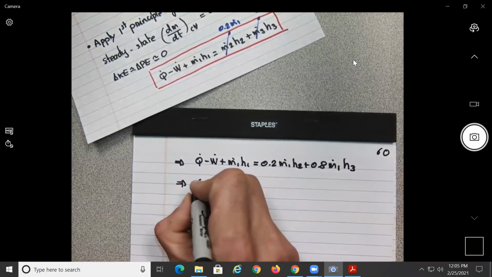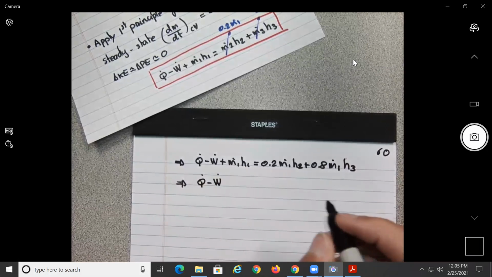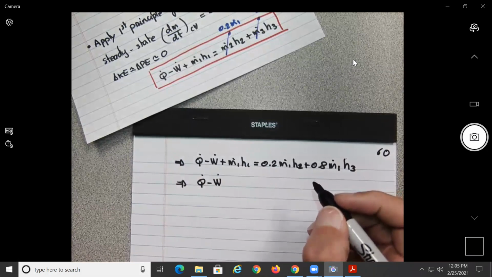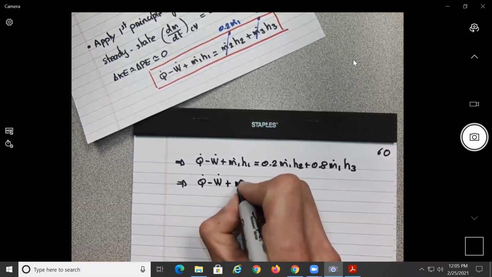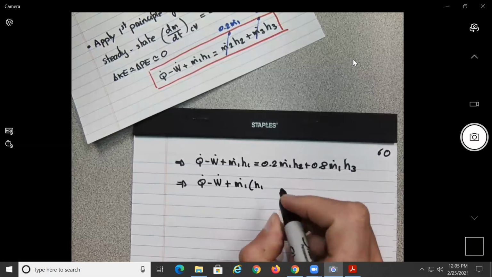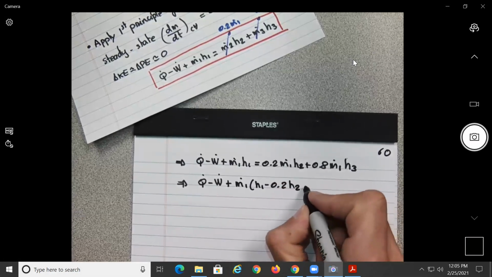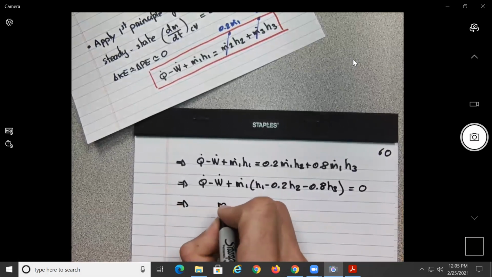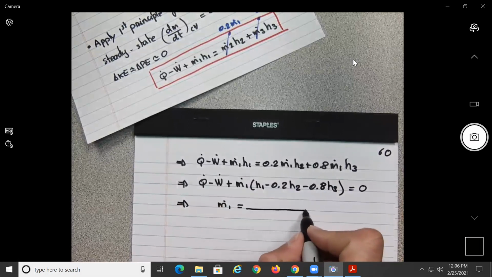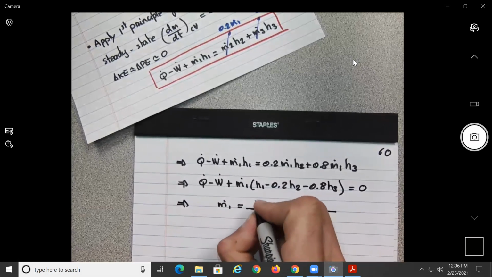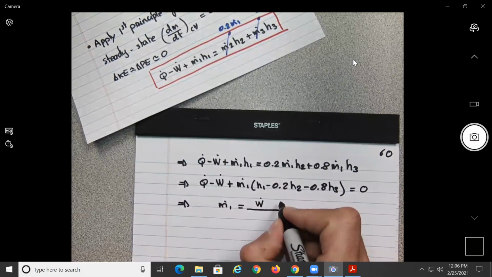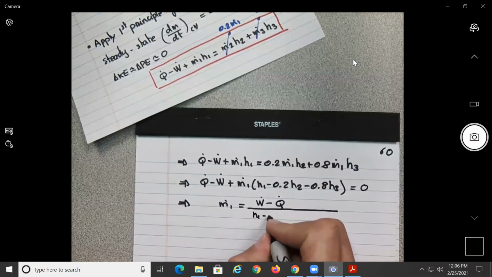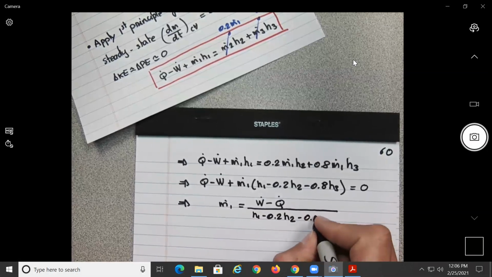So what do we have? Q minus power plus m dot 1 times (h1 minus 0.2 h2 minus 0.8 h3) equal to 0, or at the end we're going to have that m dot 1, which is what we need to find, will be equal to power minus heat, I'm changing the sign because I'm moving it to the other side, over h1 minus 0.2 h2 minus 0.8 h3.